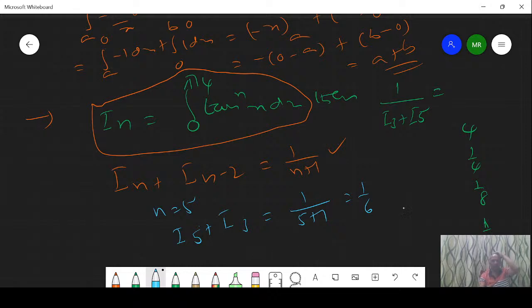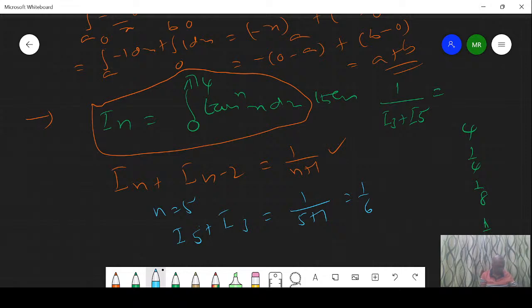In plus In minus 2 is 1 by n plus 1, right. You get 1 by 5 plus 1, 6. 5 minus 2 is 3. I5 plus I3 equals 1 by 5 plus 1, it will be 1 by 6. So the answer should be 1 by 6.